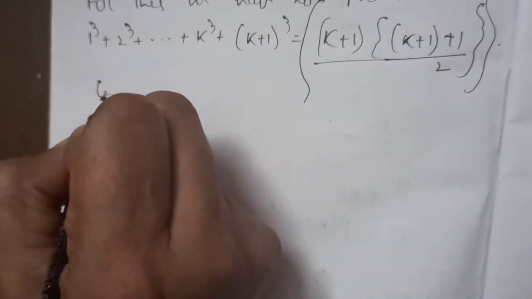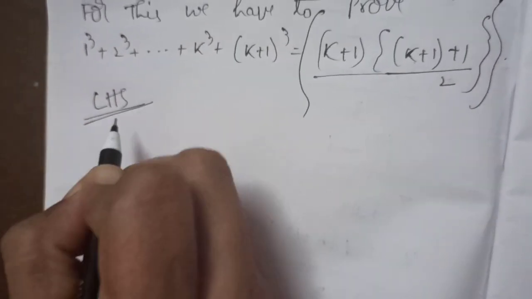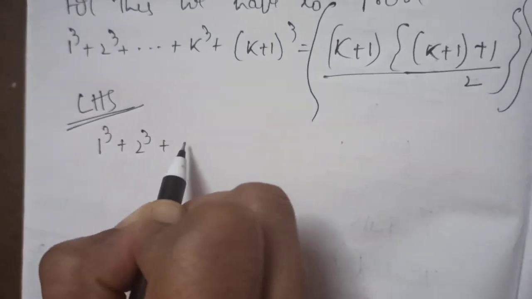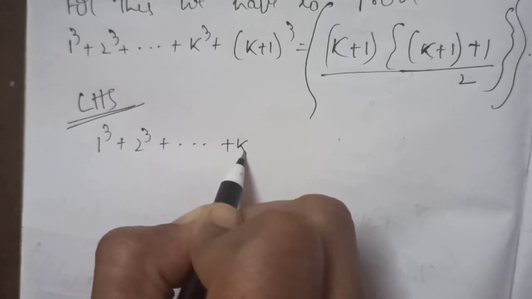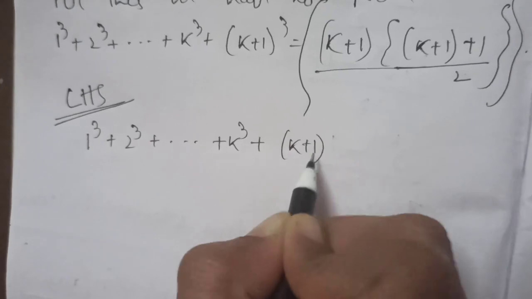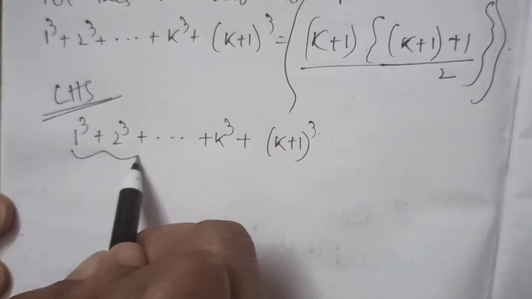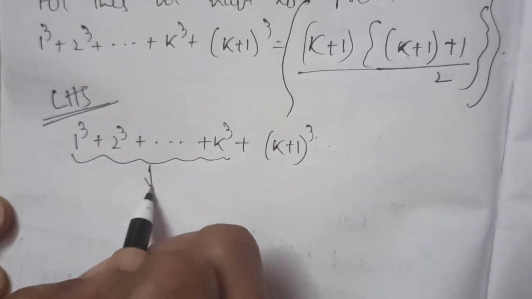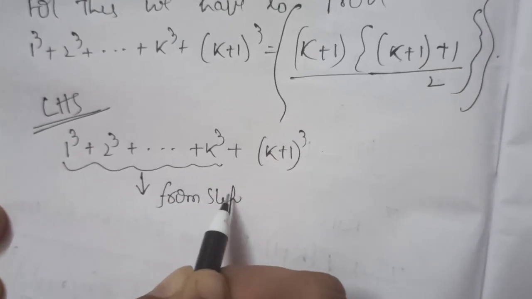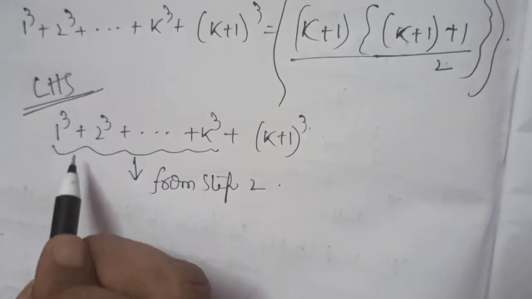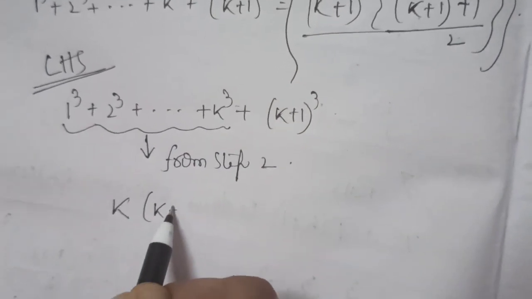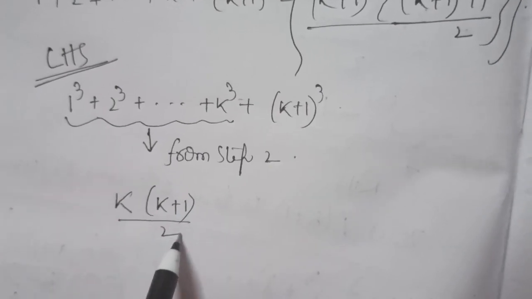For that I am taking the LHS. What is your LHS? 1 cube plus 2 cube plus up to k cube plus k plus 1 whole cube. Up to here, from your step 2 you can take equal to k into k plus 1 by 2 whole square.